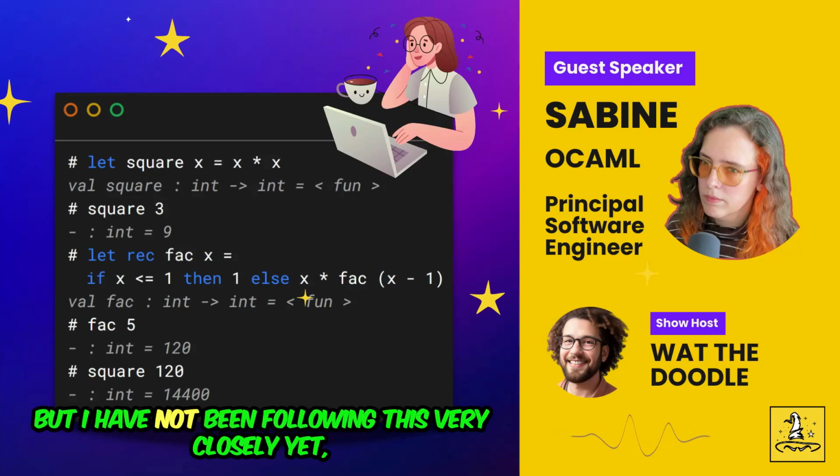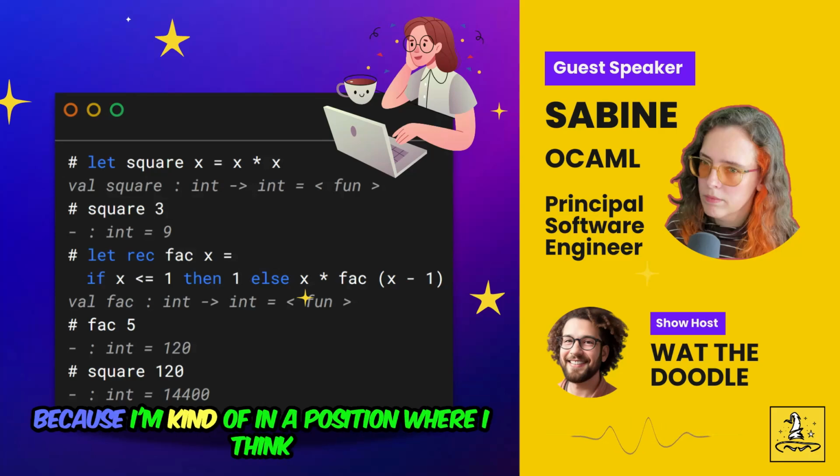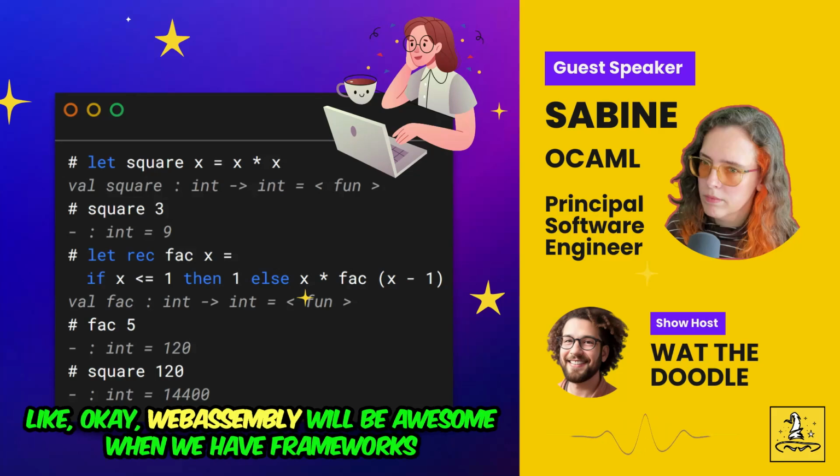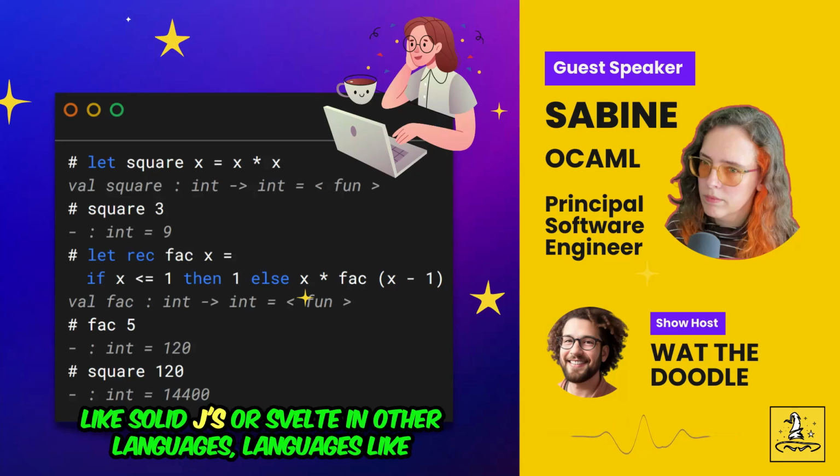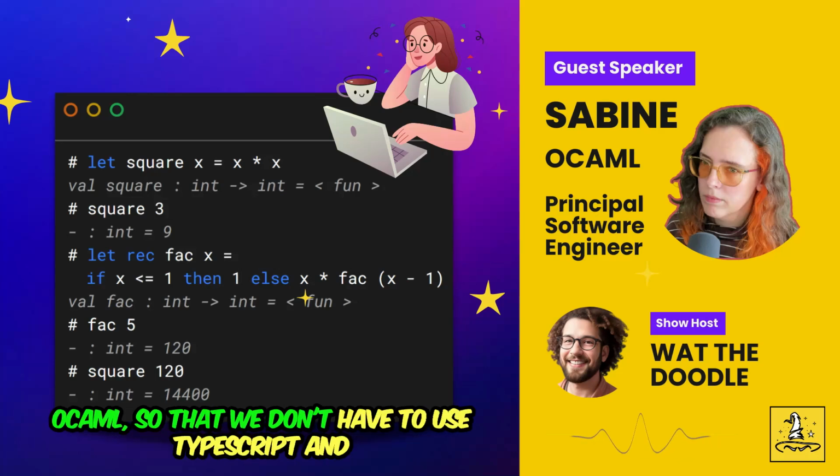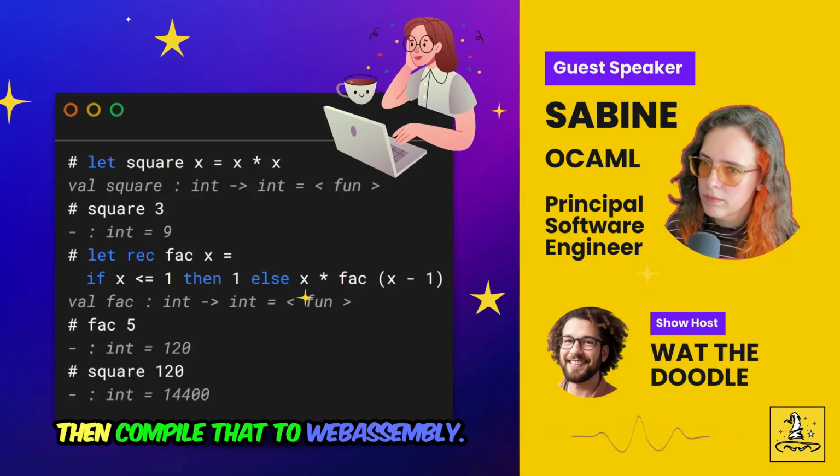But I have not been following this very closely yet, because I'm kind of in a position where I think, okay, WebAssembly will be awesome when we have frameworks like Solid.js or Svelte in other languages like OCaml, so that we don't have to use TypeScript and then compile that to WebAssembly.